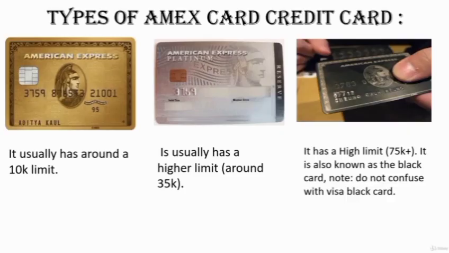Then there is the high end 75k plus, known as the Black Amex card. It is a very powerful card. So always while buying CC, be aware which card you are buying and whether it is risky. So be careful while buying this type of cards.